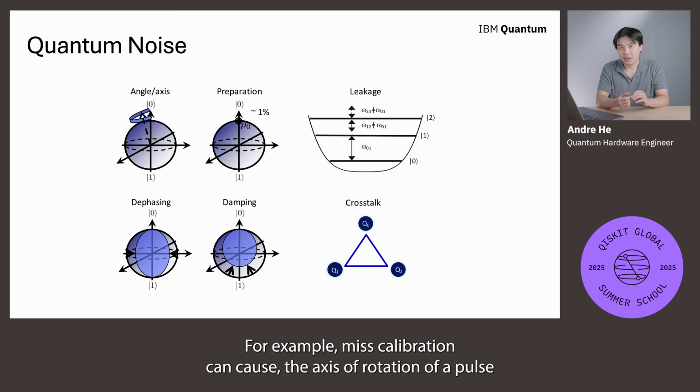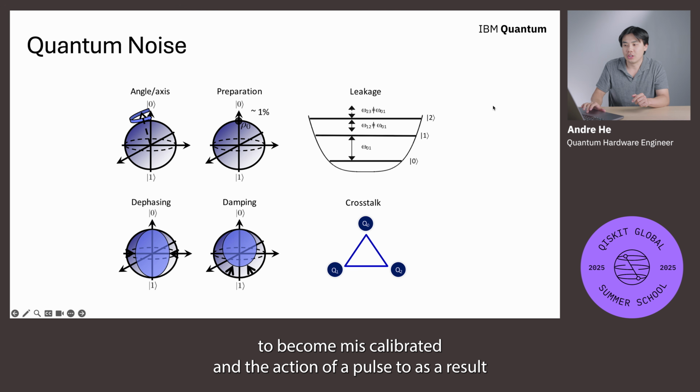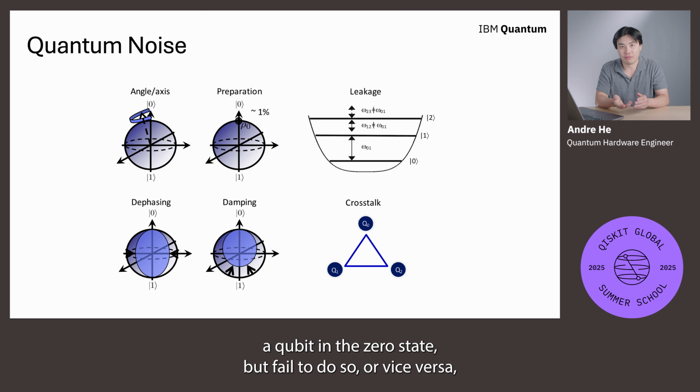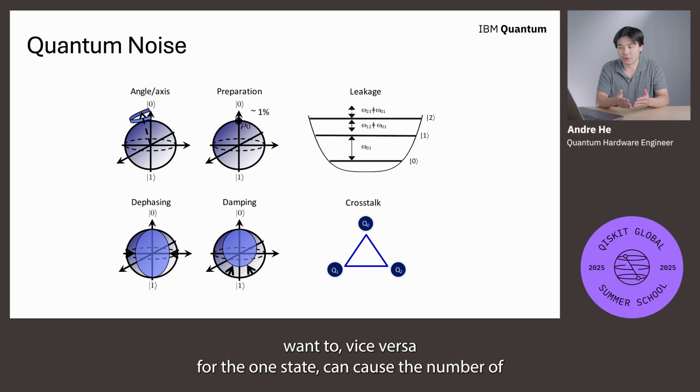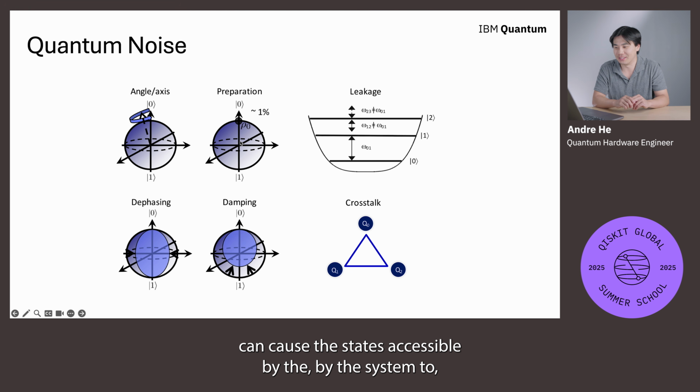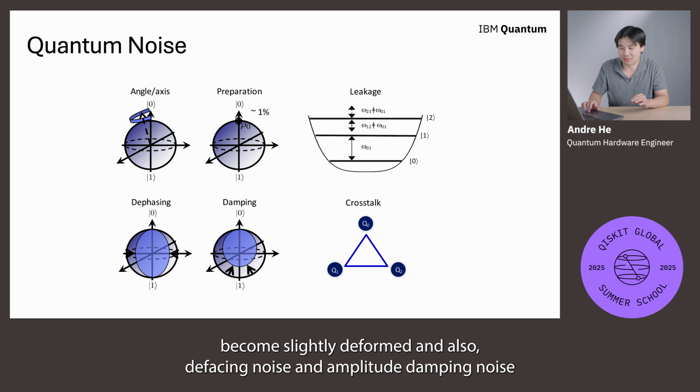For example, miscalibration can cause the axis of rotation of a pulse to become miscalibrated and the action of a pulse to, as a result, become inaccurate. State preparation errors, where we intend to initialize a qubit in the 0 state but fail to do so, or vice versa for the 1 state, can cause the states accessible by the system to become slightly deformed.